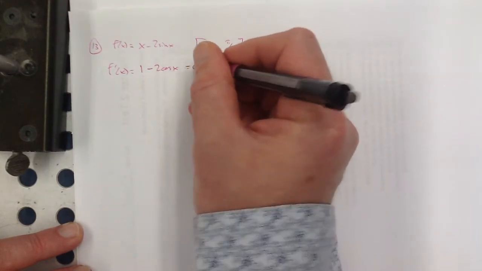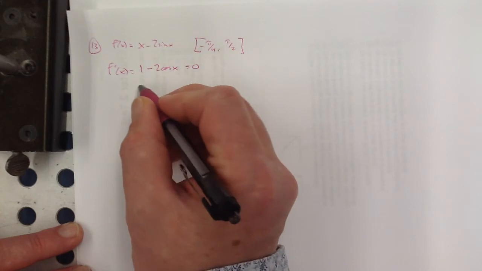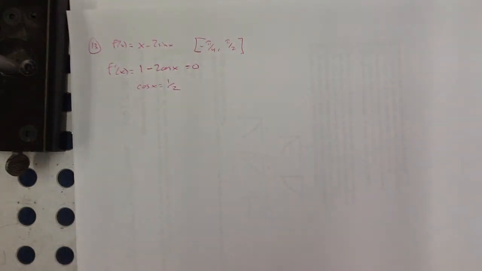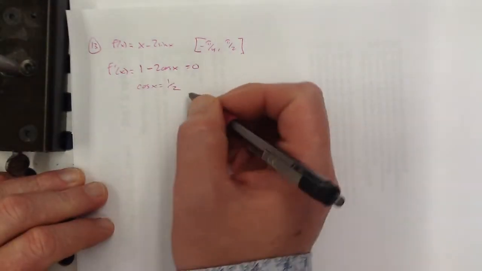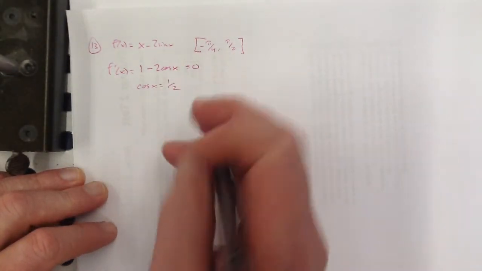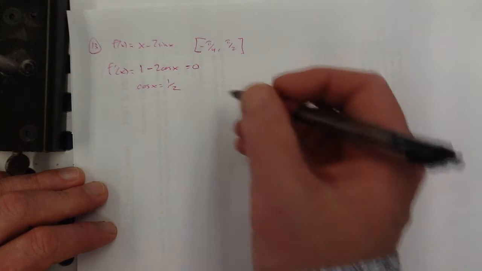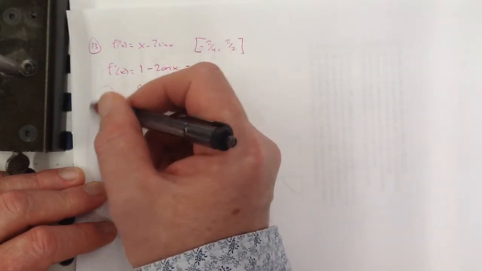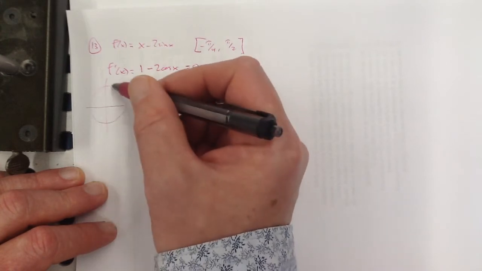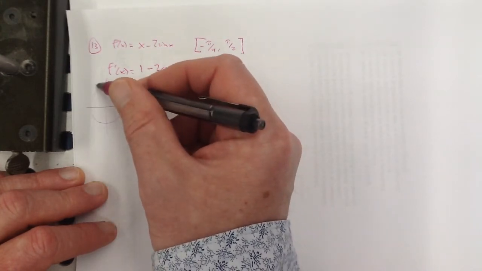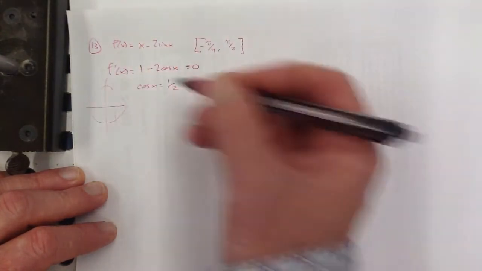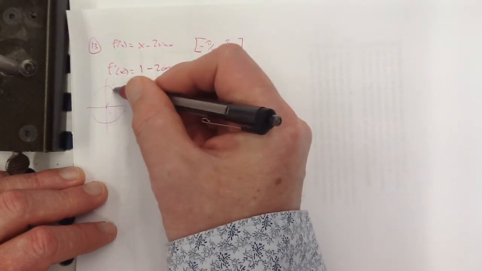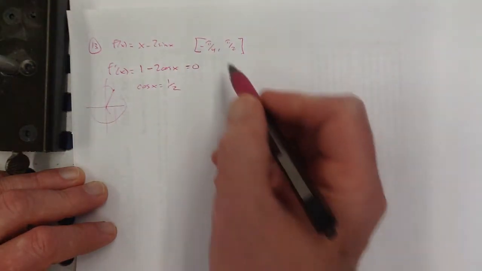So setting that equal to 0, that's going to happen when cosine x is equal to 1/2. Let's see, where is the cosine of x equal to 1/2? You can just think about this in your head, right, when the x-coordinate is 1/2. So that happens here, here. That's like pi over 3, negative pi over 3.